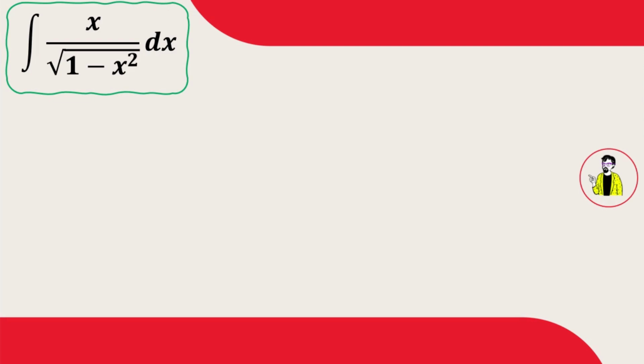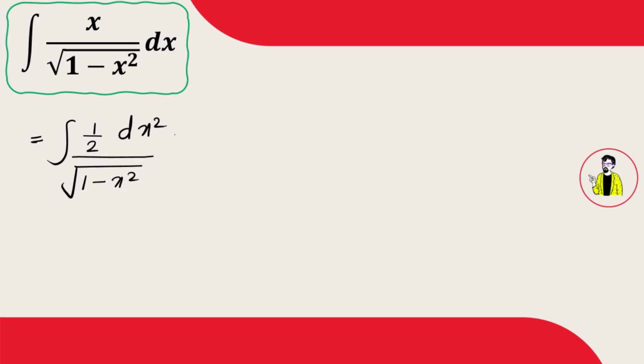Our next method is very straightforward, but this will be a little bit difficult to understand. Anyway, I will try to explain this as simply as possible. We can write x dx as half d(x squared) over square root 1 minus x squared.